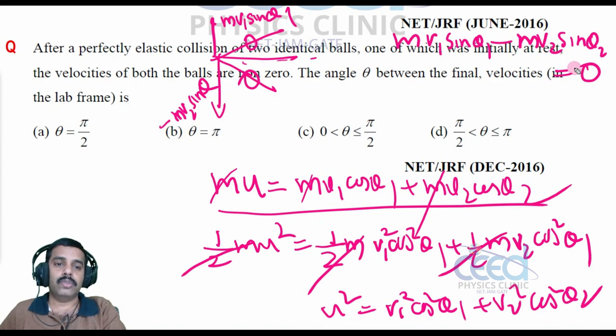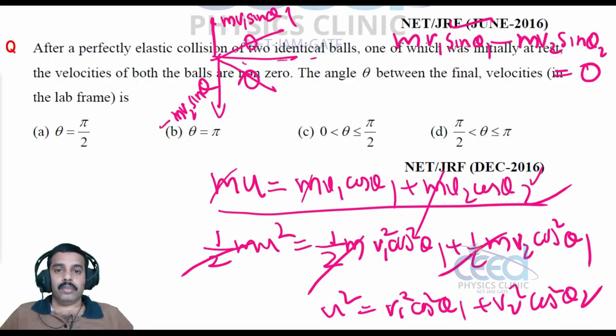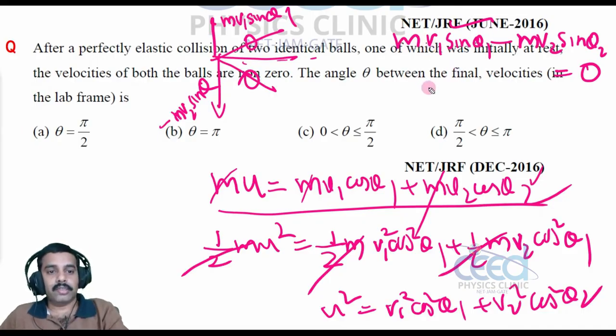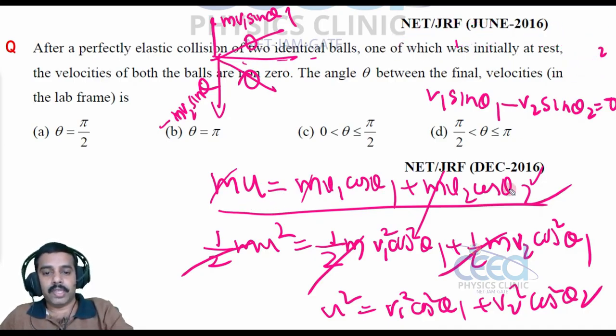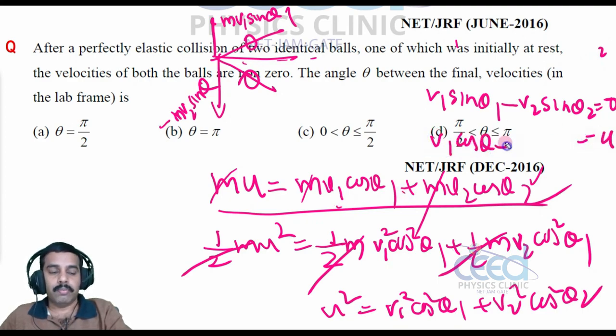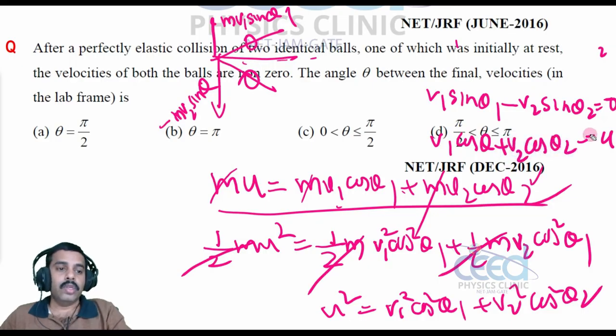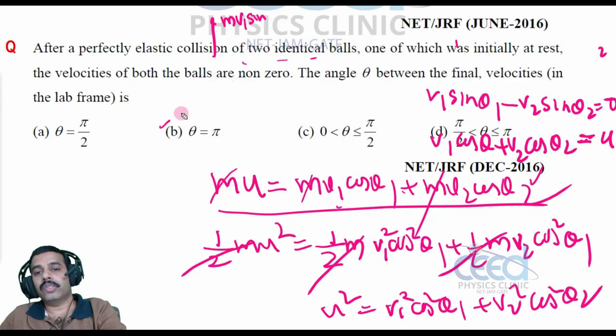So I cancel m, giving v1 sin theta 1 minus v2 sin theta 2 equal to 0, and from the x component, u is equal to v1 cos theta 1 plus v2 cos theta 2.